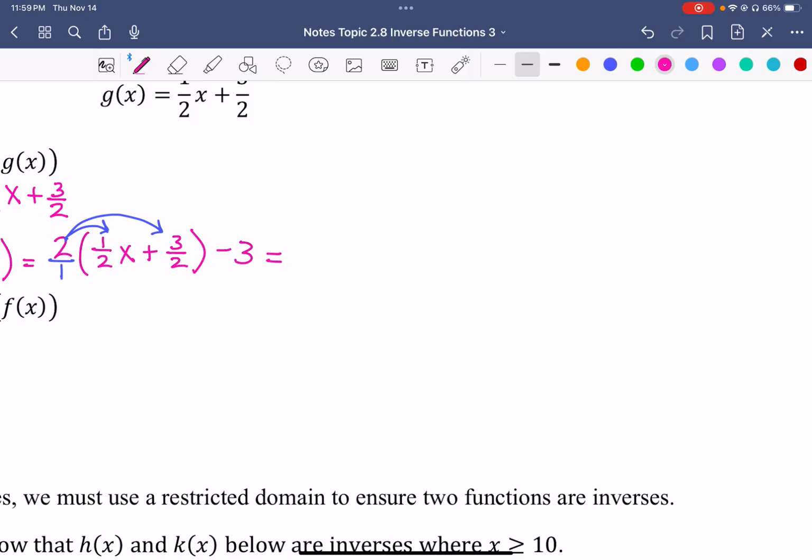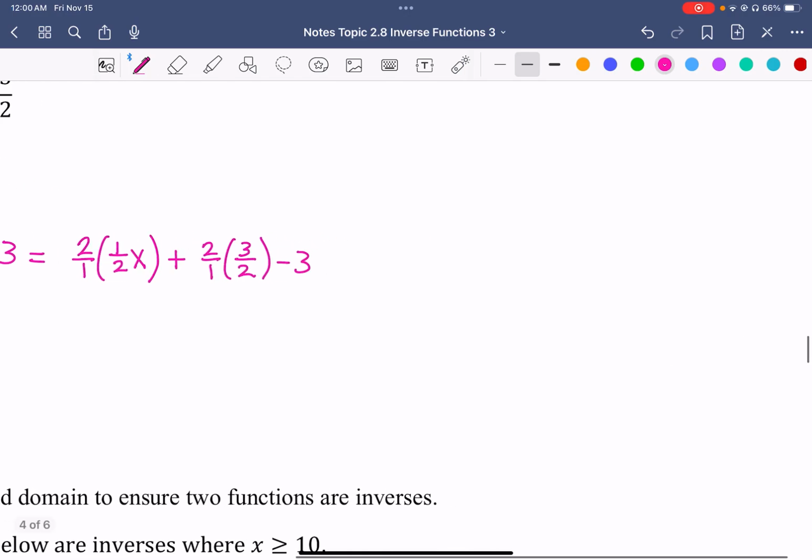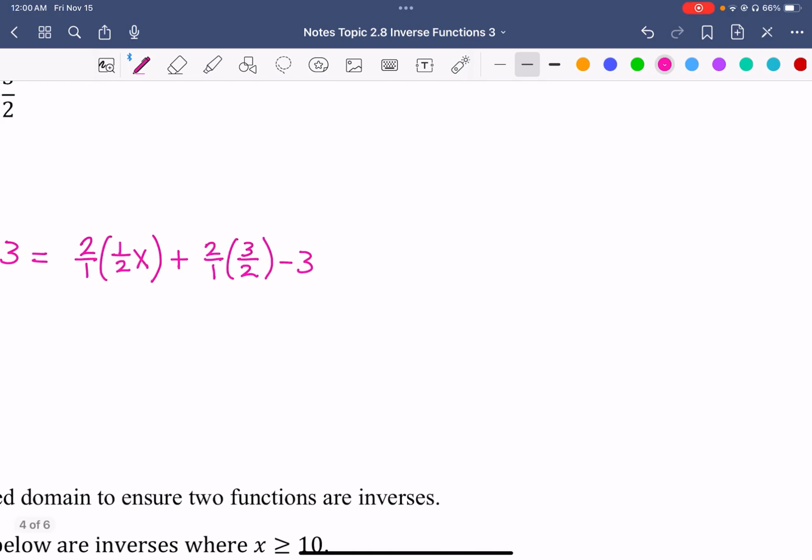So the first thing I need to do is multiply 2 over 1 times 1/2. So I'm going to break it up, 2 over 1 times 1/2 x. Then I'm multiplying 2 over 1 by 3 over 2. And then minus 3, okay? Now to multiply fractions, you multiply straight across.